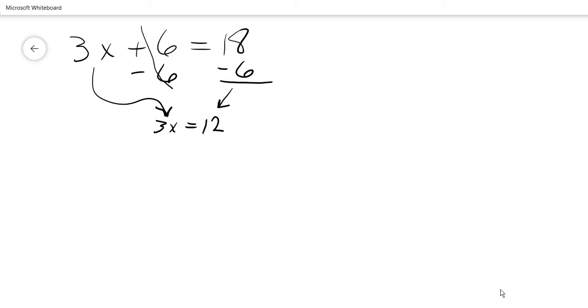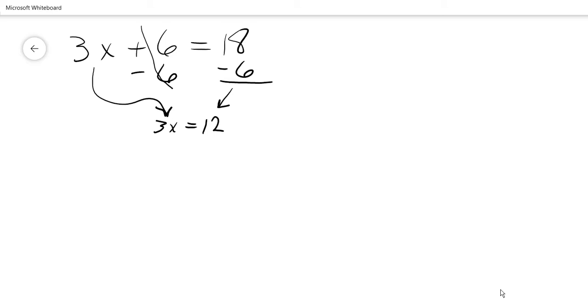Now, you notice I broke the plus that was holding the 6 on the left-hand side of the equal sign by doing minus, and doing it on the other side, minus 6 minus 6. Well, the 3 is held to the x by the power of multiplication. I know that because there's no plus or minus in between them, and there's no fraction bar, which would indicate division.